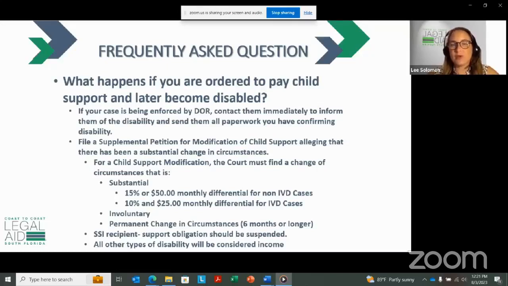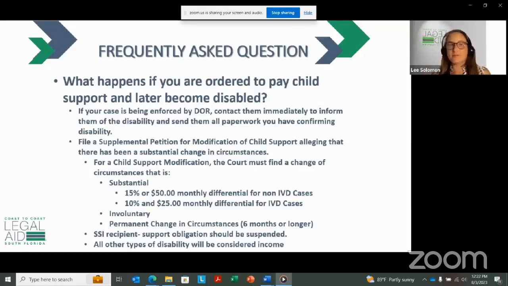In a non-DOR 4D case, you would have to prove that the difference between the old support obligation and the new support obligation is greater than 15% or $50. And in the 4D cases, you would have to prove that it is greater than 10% and $25, that monthly difference in the support obligation, to prove that it is a substantial change in circumstances.